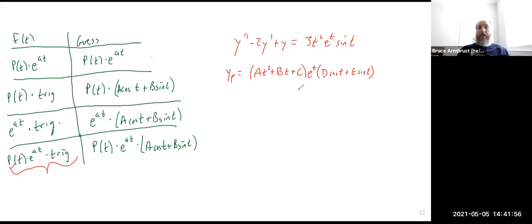But remember, we always have to go back and look at the homogeneous and see what that does for us. This one, the homogeneous, r squared minus 2r plus 1, gives us r minus 1 squared, which tells us e to the t is part of our solution set, and then also t e to the t.